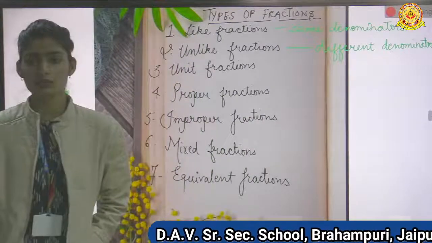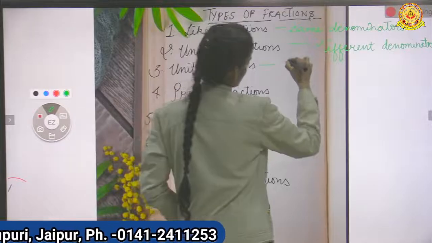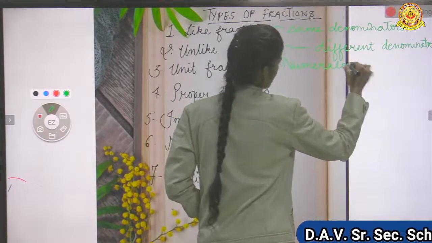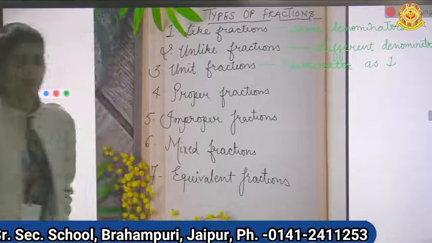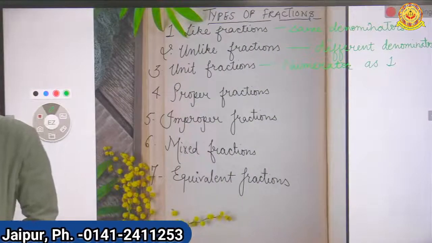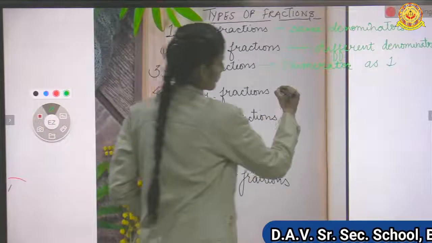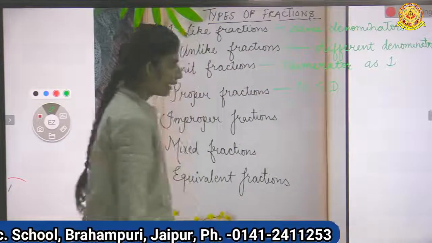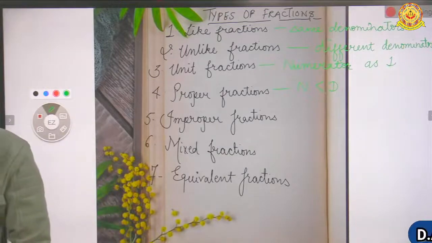Unit fractions have numerator 1. You can say numerator as 1. Proper fractions: numerator should be smaller than denominator. That means denominator should be greater.